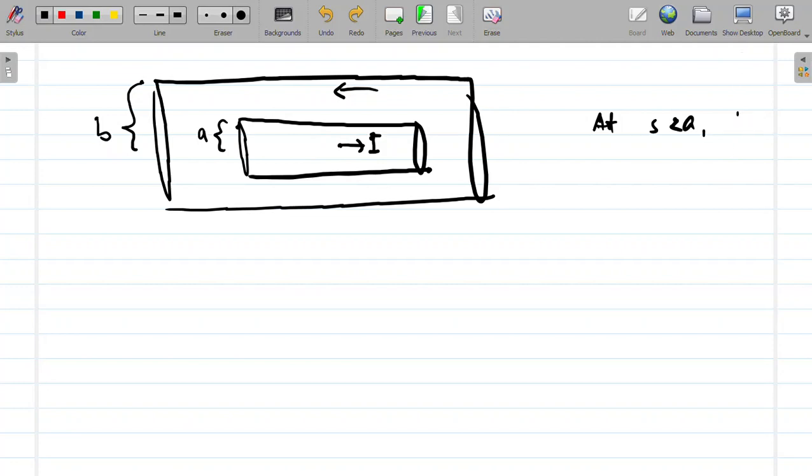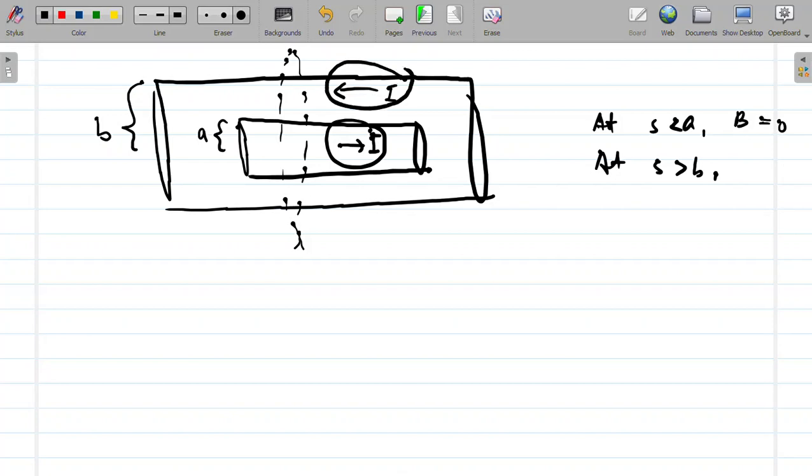Bale, B is 0 at S less than A. Now, at S greater than B naman, so kung ang S mo greater than B, ang Amperian loop mo, ito. Ano ang enclosed current mo? Ayan. Bale, may I ka na pa ganito, tapos may I ka na pa ganyan.